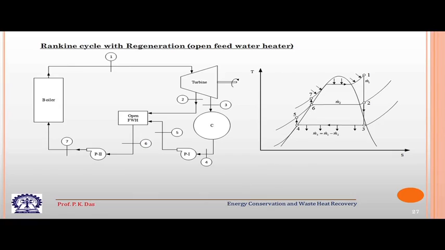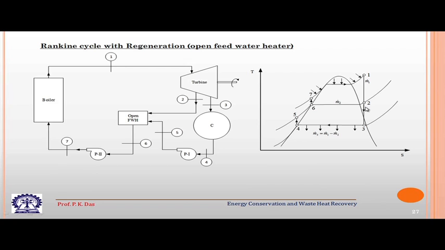The next question is, we are using steam for this initial heating of the condensate, is it beneficial? Now, what we do is like this. Initially, the entire steam expands through the turbine. Here, the steam is at high pressure, it has got high potential to do work.